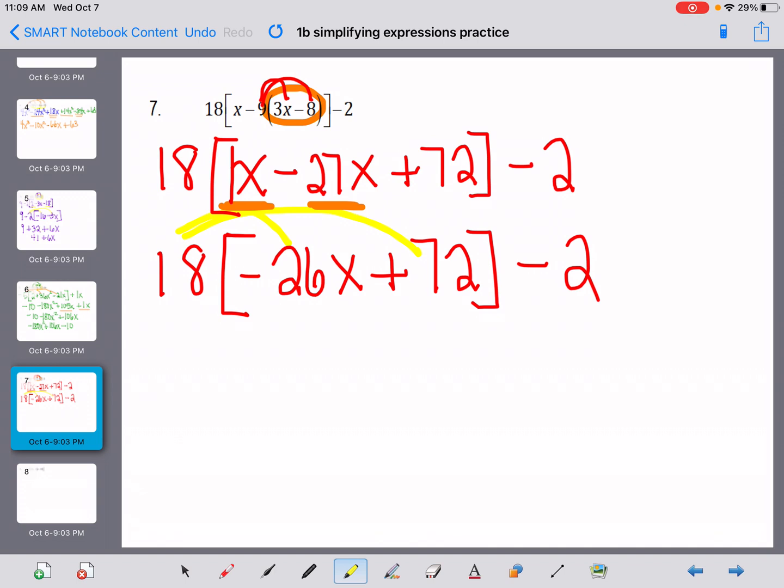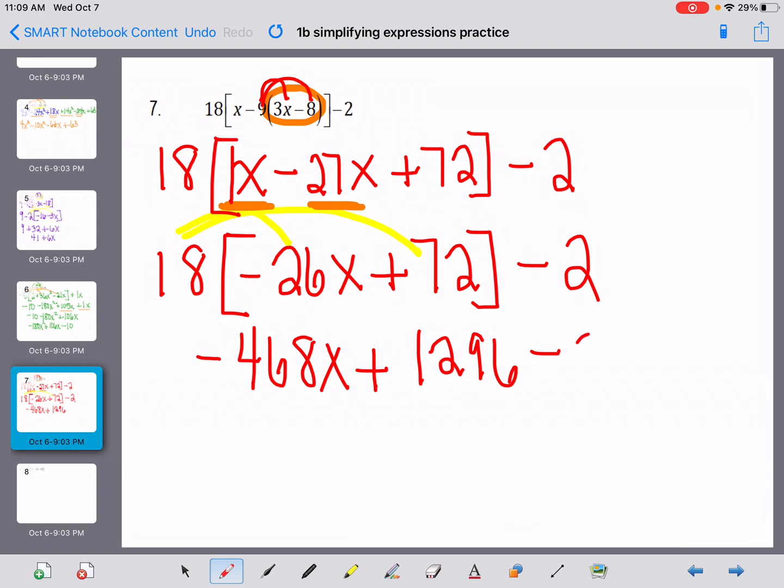But 18 times negative 26 is negative 468x. And it was negative 18 times negative 26. Positive times negative. And then 18 times 72. Well, those are both positive. Positive times positive is positive. So we get 1296 minus 2.